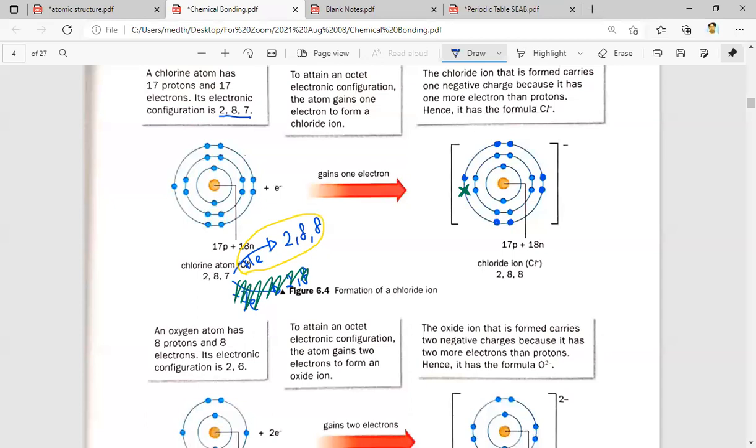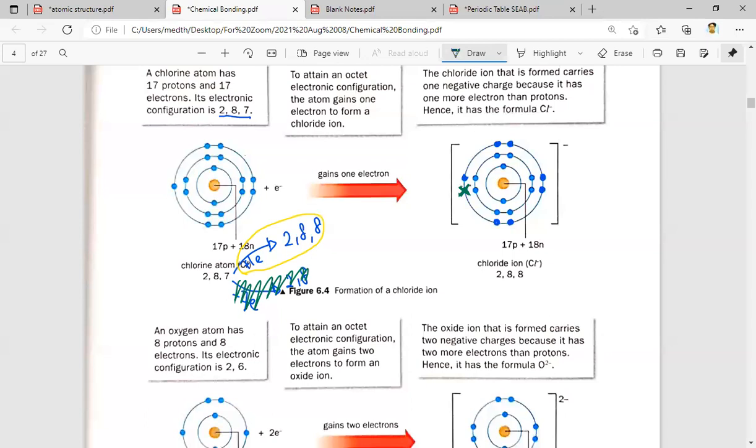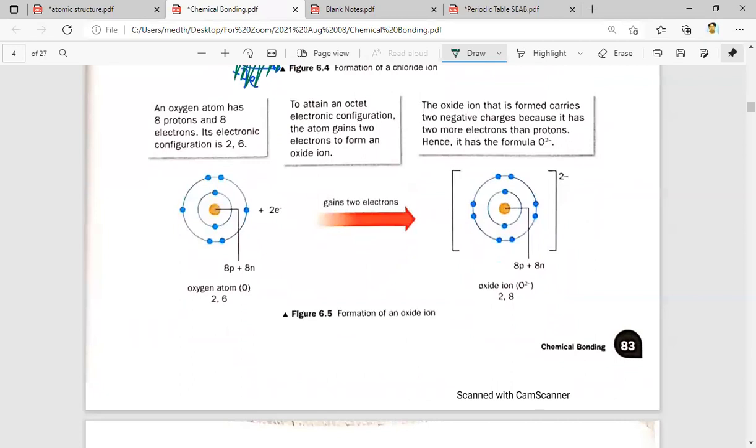For the last electron, because it is gained from somewhere else, I will show an X to represent it, so that it is very clear that this electron came from somewhere else. And because this is now an ion, you must always have that square bracket. Because you gain 1 electron, it becomes a minus. This is your Cl minus ion.